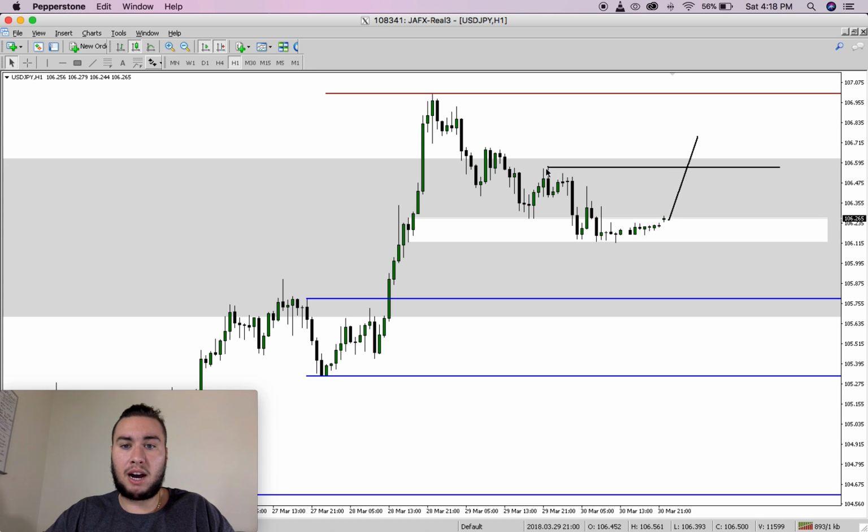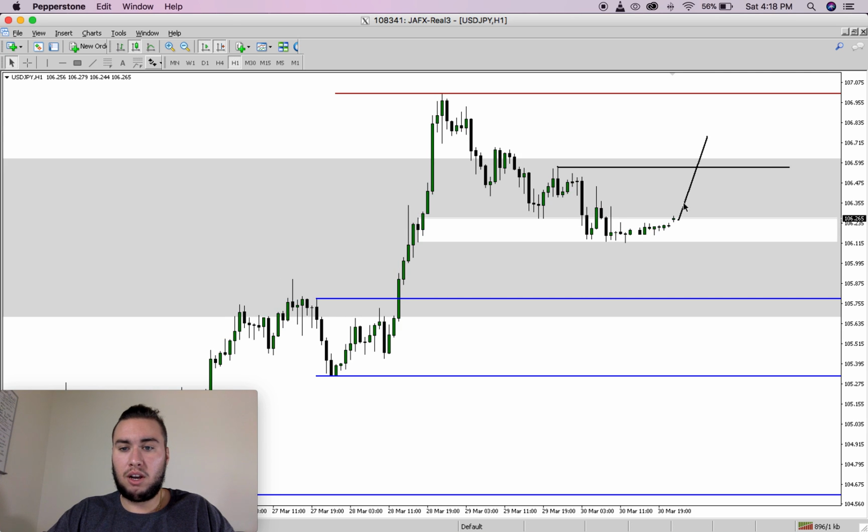Why? Because we have a high, low, lower high, lower low, right? So if they hold this as support, we'll have a low somewhere in here, more than likely a high, a lower high, and then if we break this, we'll have a higher high, which will break this market structure here, and then we can look for a retest of this high, and then look to long it for new highs here.